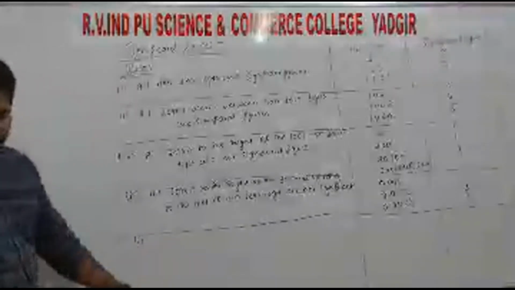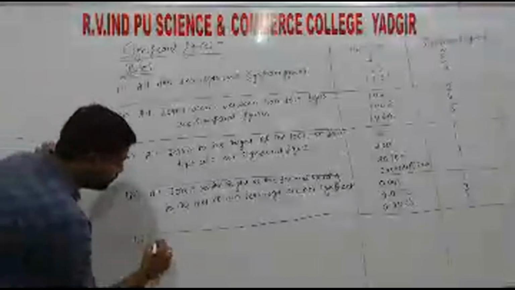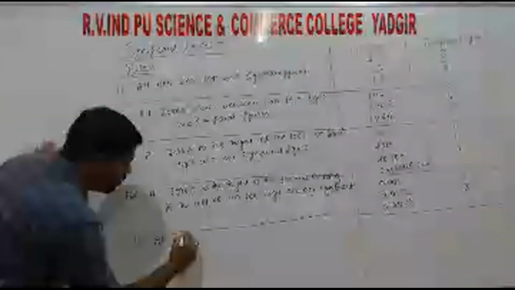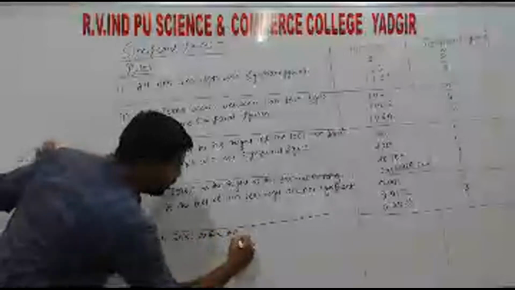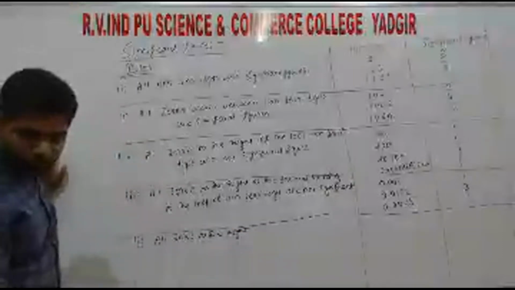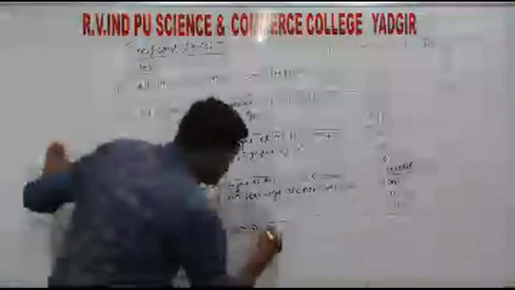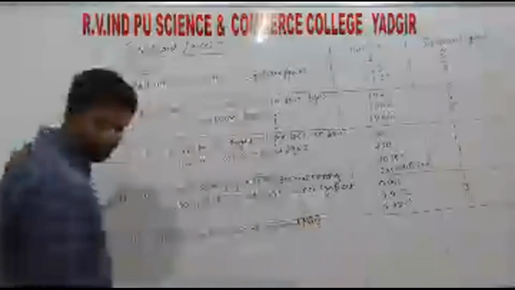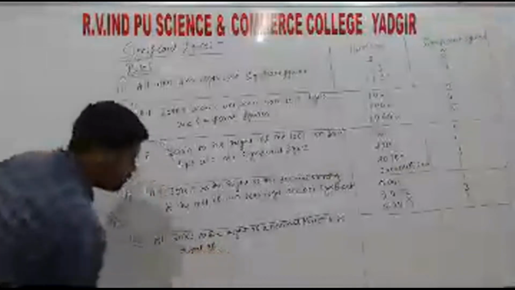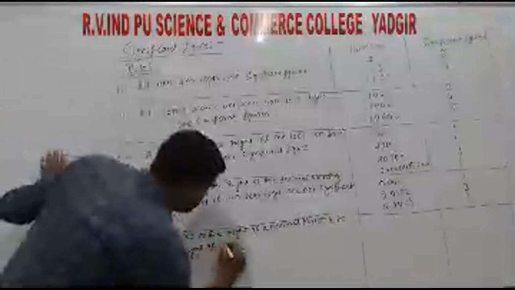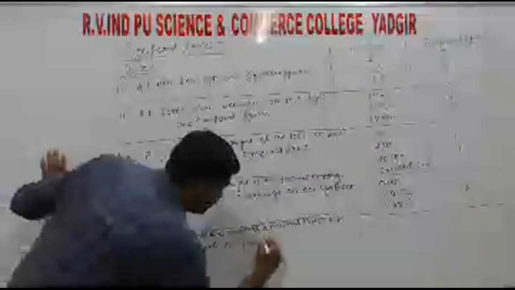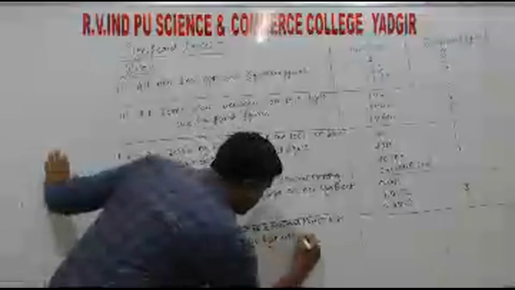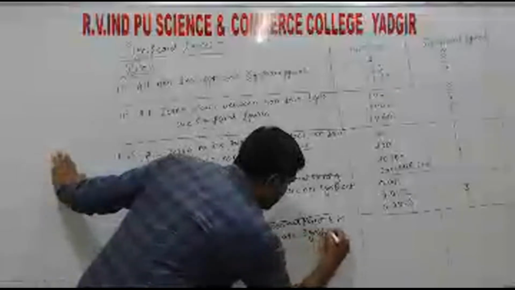So last point: all zeros to the right of a decimal point and to the right of a non-zero digit are significant.